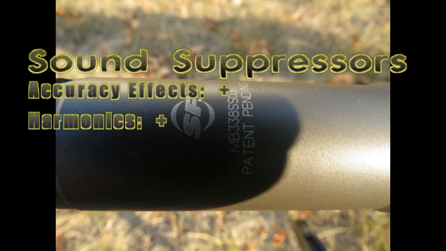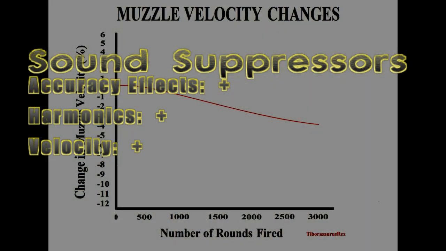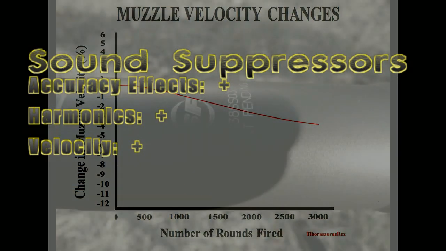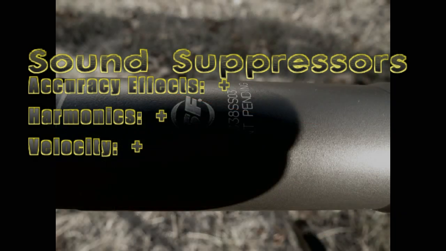Another reason a well-made sound suppressor is advantageous for a long-range shooter. How about muzzle velocity? Well, because you're still venting the gas forward, the gas isn't just breaking the seal and expanding in all directions. It's still being directed in a net direction that is forward.